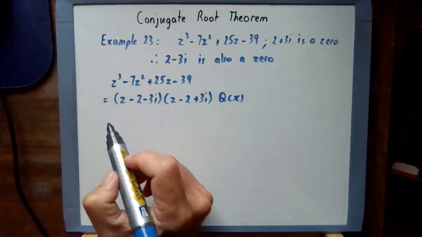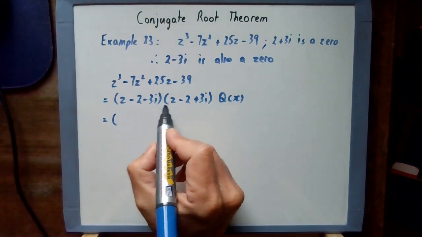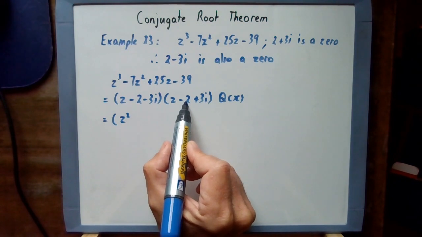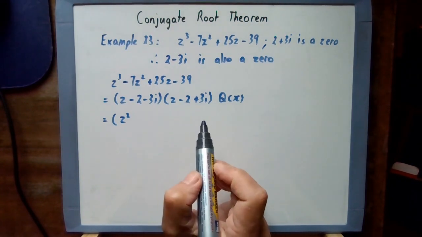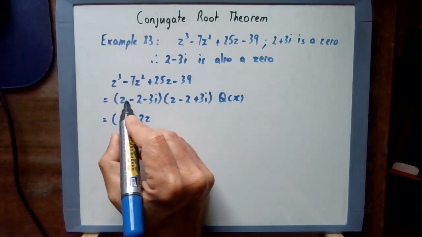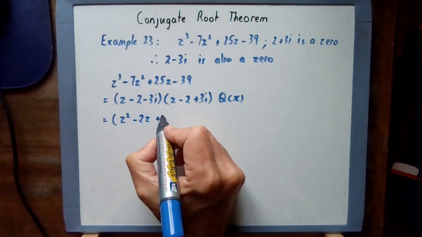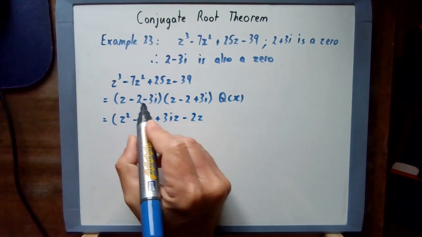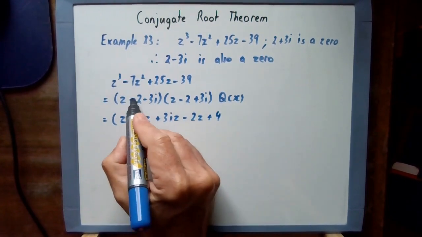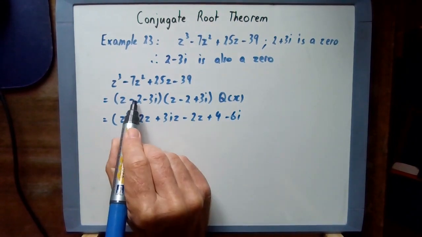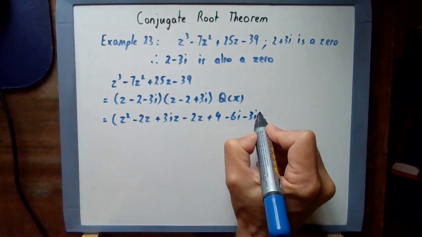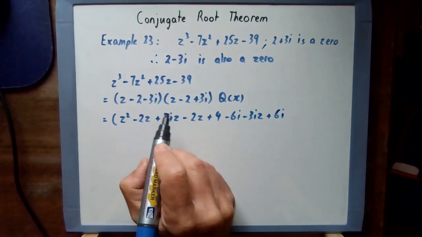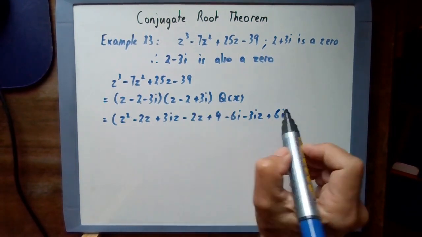First of all, what we need to do is to expand this. So z times z is z squared, z times minus 2 is minus 2z, z times 3i plus 3iz, minus 2z plus 4, minus 6i, minus 3iz, plus 6i, minus 9i squared.